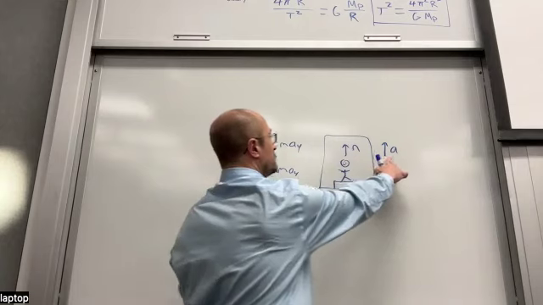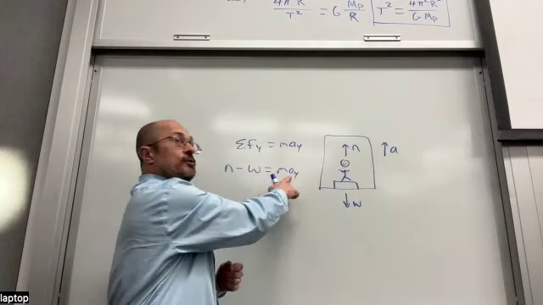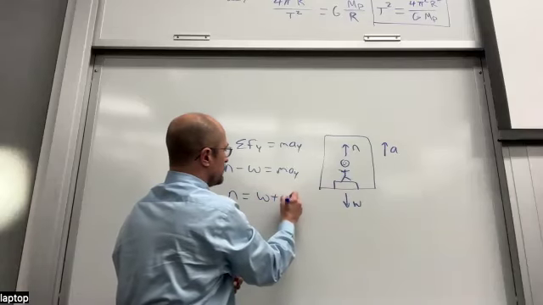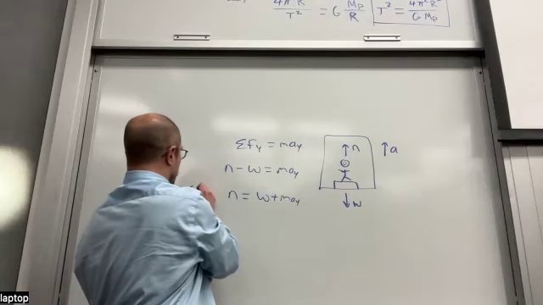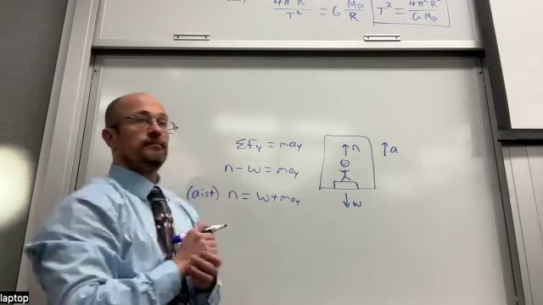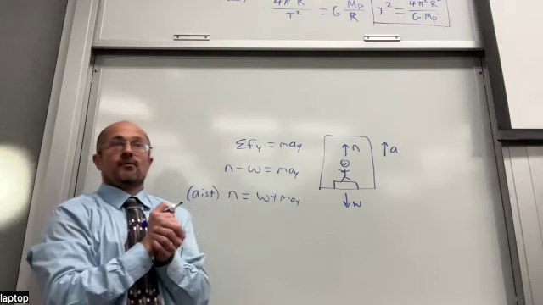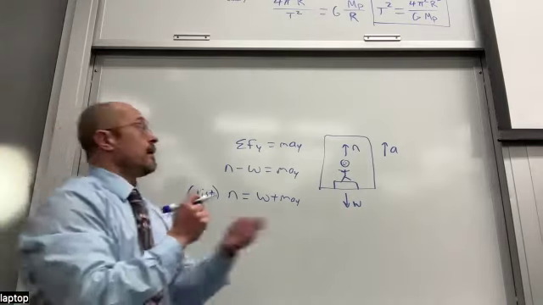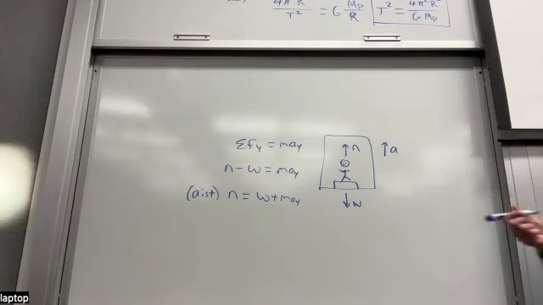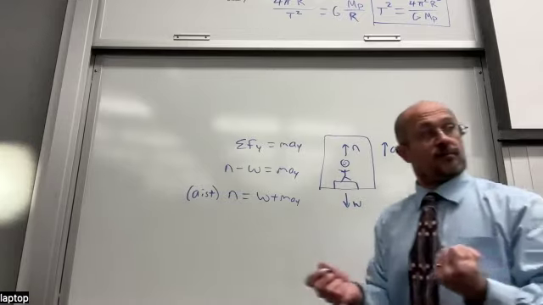And if a is up, that means this m a_y term stays here, and N is W plus m a_y. This is if a is positive. Is everyone okay with that idea? So now a can be positive in several different ways, but when a is positive, this is your result. You feel heavier. You feel like you're being pushed down into the floor of the elevator.